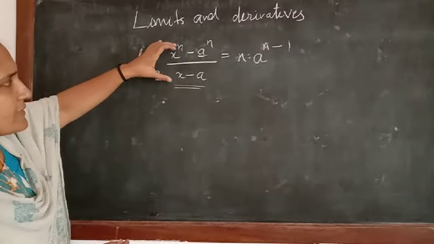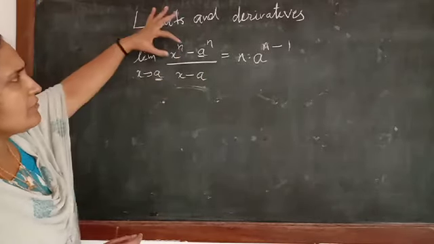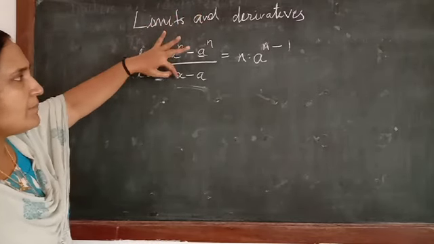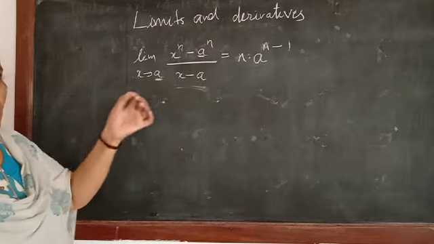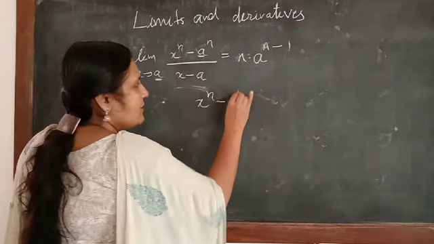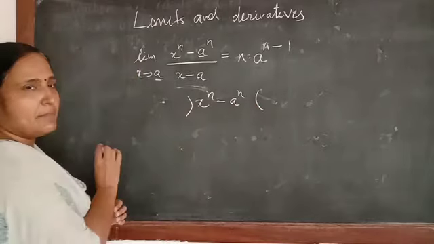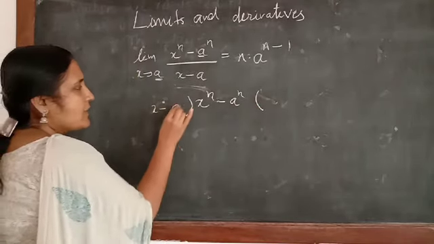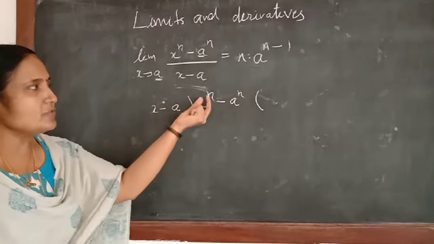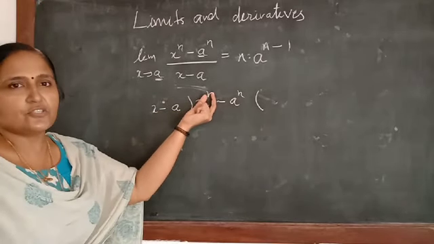If you check this expression, what is the meaning? We are dividing x raised to n minus a raised to n by x minus a. So I am going to divide it here: x raised to n minus a raised to n, divided by x minus a. Same method here. First we have to cancel this x raised to n.